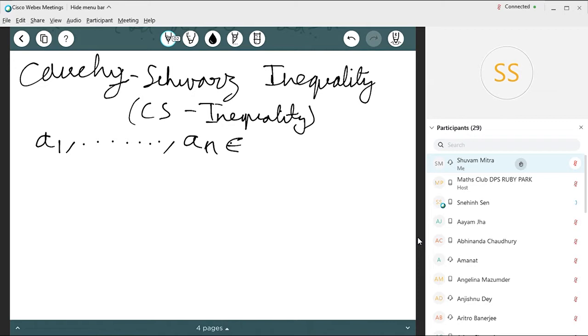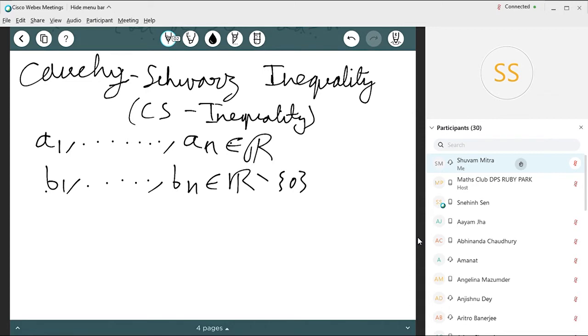We say a1 to an belong to the reals, and b1 to bn belong to the real set minus the 0 set. Why I'm making this assumption will be obvious in a few seconds, but you can avoid this assumption with another form.